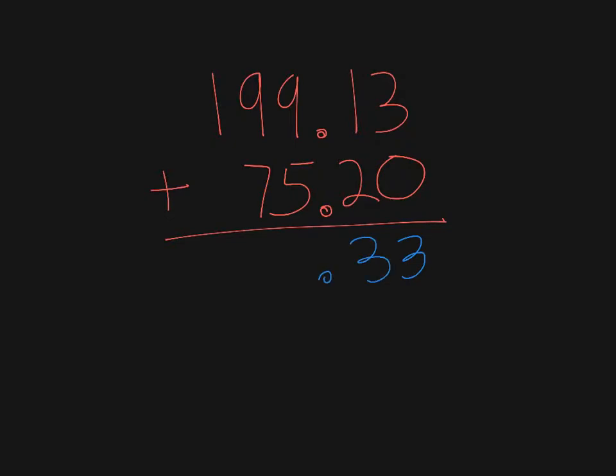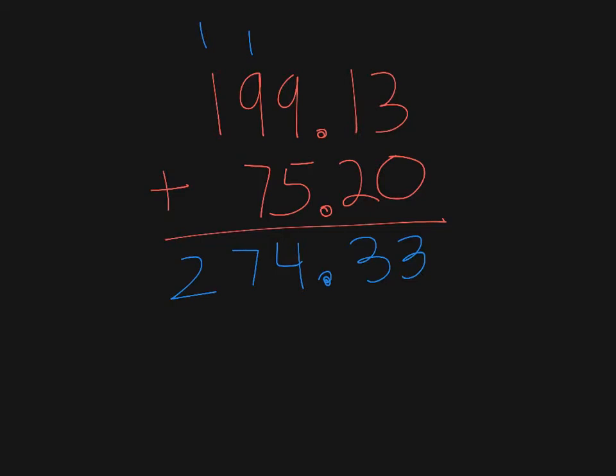Our decimal goes straight down. 9 plus 5 makes 14, carry my 1. 1 plus 9 makes 10. 10 plus 7 makes 17, carry the 1. 1 plus 1 is 2. Our final sum is 274 and 33 hundredths.